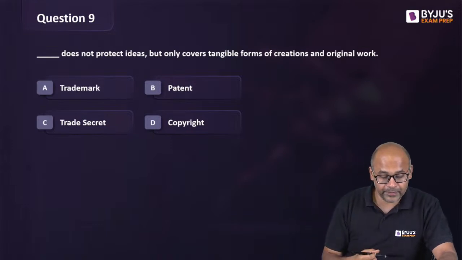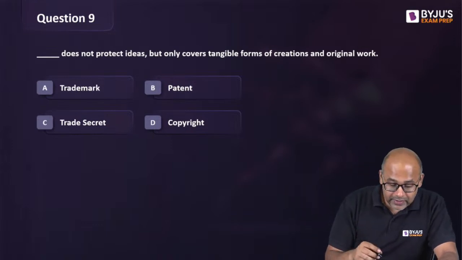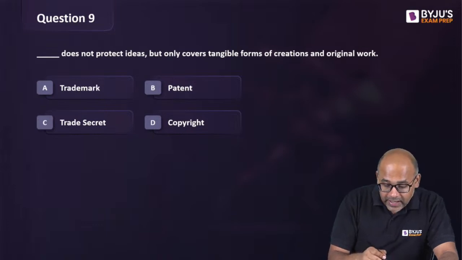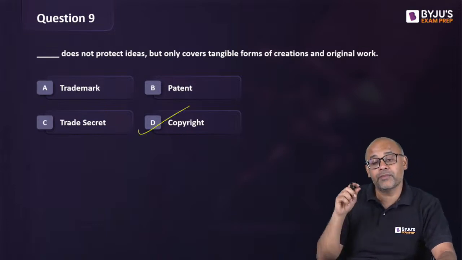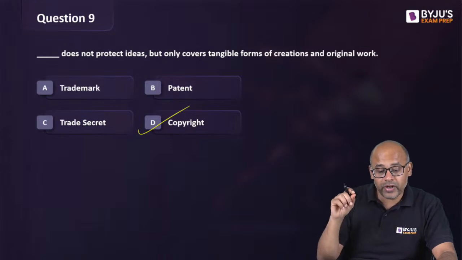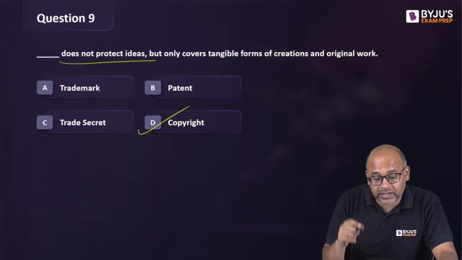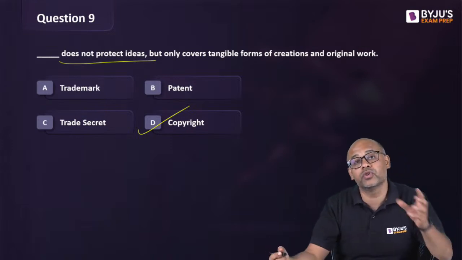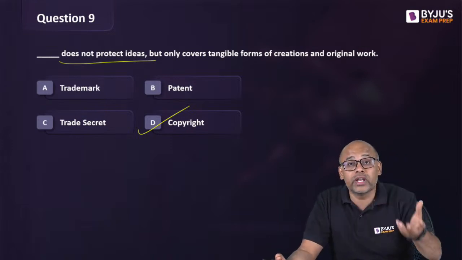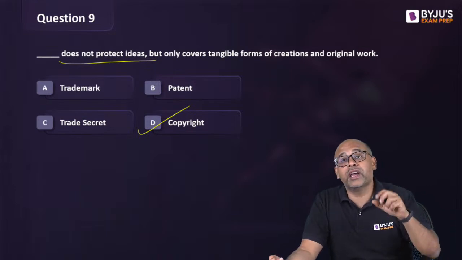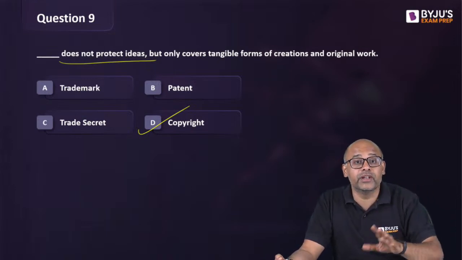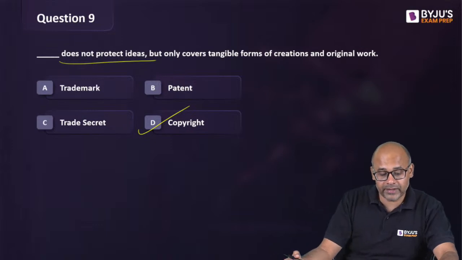So which one is this? Yes, very good. So the correct answer is D, copyright. Copyright only covers tangible forms of creation and original work, and does not protect ideas. So a script, a story, or the way in which an idea is executed, those things. So that's a copyright.